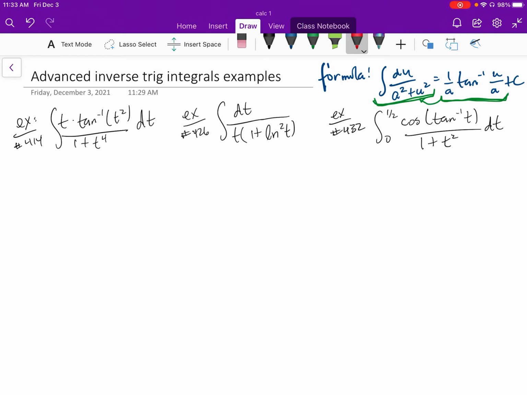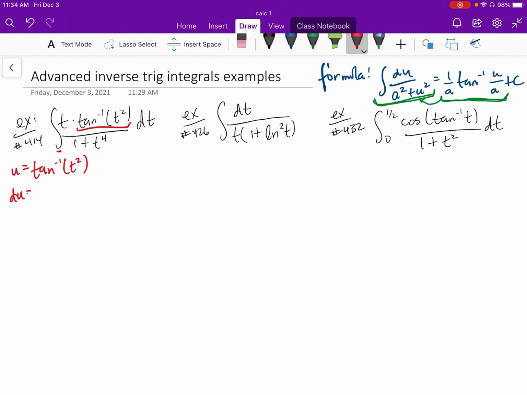I kind of thought about this problem before I started the video, and we're going to make this u. Okay, that is the ugly part, so technically I am totally following one of the rules. Like, I don't want to mess with that tan inverse with the integral in there. I don't recall a formula. I'm sure there is one because there are millions of formulas out there for integration. But let's get going. Let's make that u.